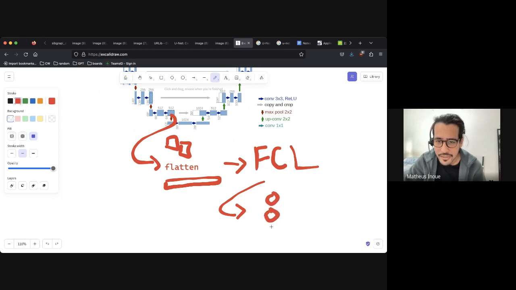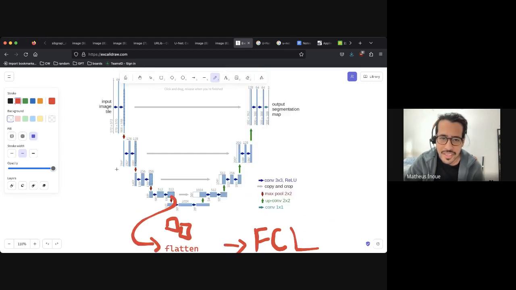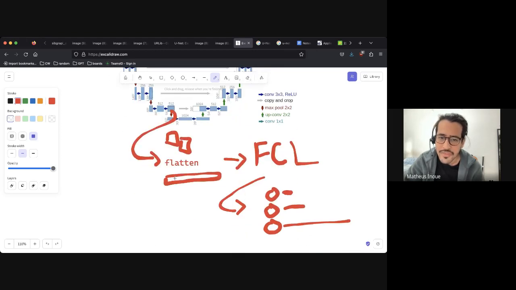And like I said, you can have an array of, say, size 3, and say, oh, the probability of being a dog is this, the probability of being a cat is this, the probability of being a mouse is this. So it's a mouse at the end, right? So basically you start with convolutional layers to extract some features, but then in the end you flatten that and use traditional fully connected layers to get the classification from the extracted features, right?